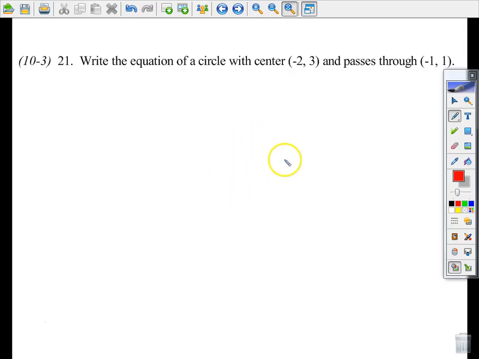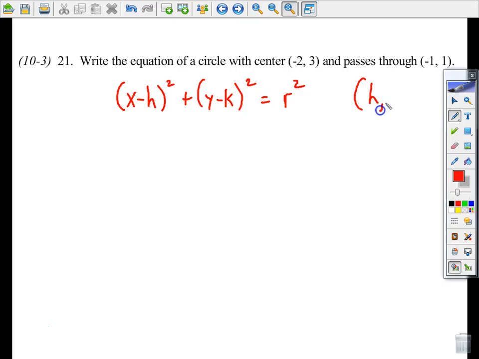21. Write the equation of a circle with center given, and we're not given the radius. Let's start by reviewing the equation for a circle. I'll write it up for you. These variables h and k represent the center, and r is radius. We can go ahead and replace h and k.